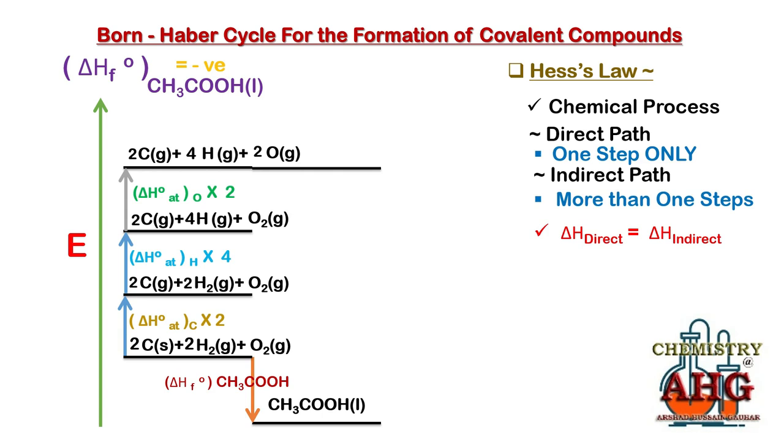Bond enthalpy or bond energy, and whenever a bond is formed, energy is released. So that is why we are moving downwards, energy will be released. So here you can see the arrow has gone downwards since energy is released. What is this energy? This is bond enthalpy, and bond enthalpy is linked with the formation of covalent bond.